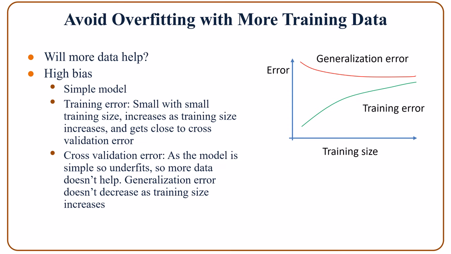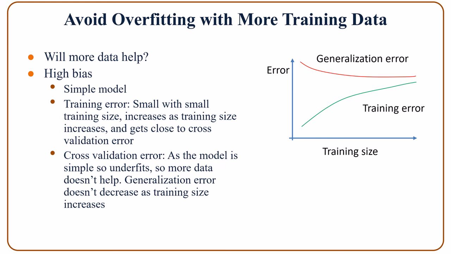Now we take a look at specific cases to see if more data helps. In the case of a high bias model, this would mean we have a simple model. The training error is small with small training size, increases as the training size increases, and gets close to cross-validation error.